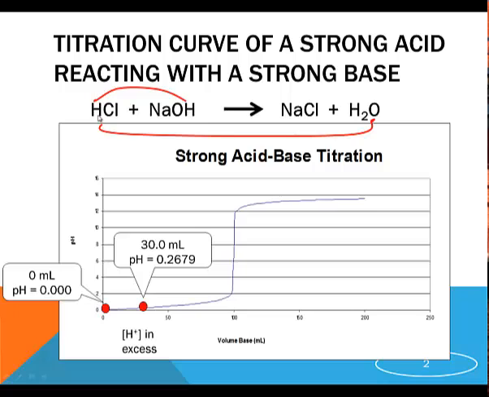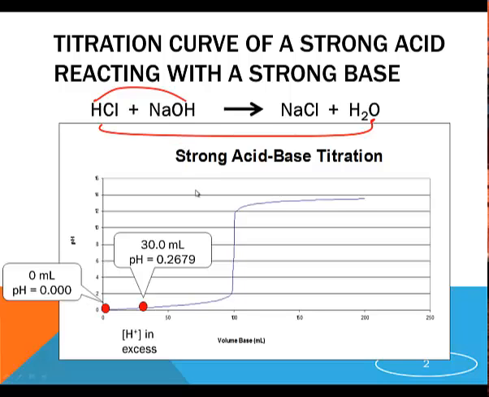That means that 0.03 moles of hydrogen ion were consumed in that titration reaction. And we made 0.03 moles of sodium chloride and added 0.03 moles of water to the solution. I did this in moles just now, but in the actual calculation we had to divide by the total solution volume to convert everything into molarity so that we could calculate the pH of the solution.